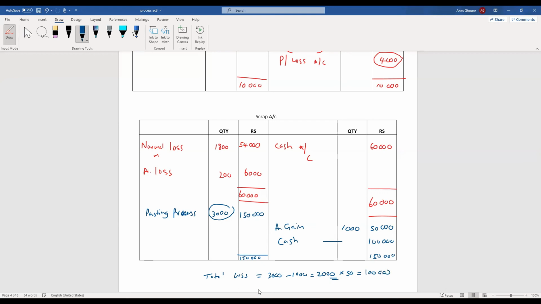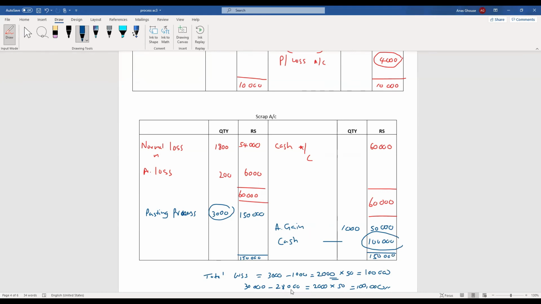In other words, our total input was 30,000. Our actual output was 28,000. So therefore, our actual total loss was 2,000 times 50, which is 100,000. This is the 100,000 that we can realize from the process.